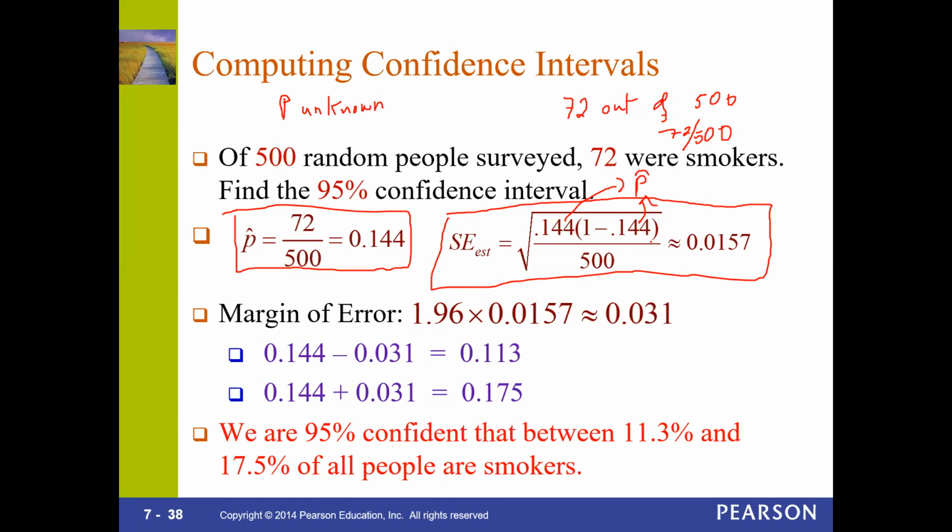Then you get the standard error. Because they say 95% right here, I'm going to have to use 1.96, just like we said in the earlier example. And then you multiply that by the standard error, and then do P hat minus E and P hat plus E. Then you get an interval, 0.113 and then 0.175.